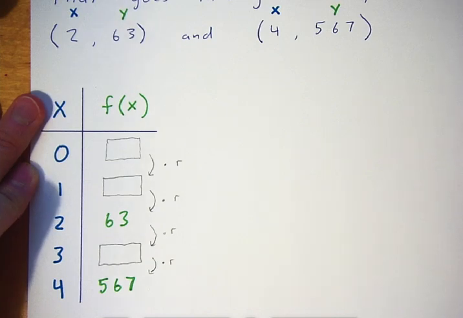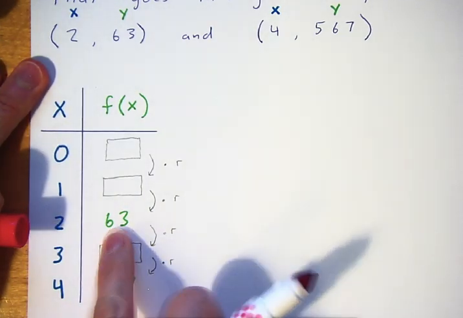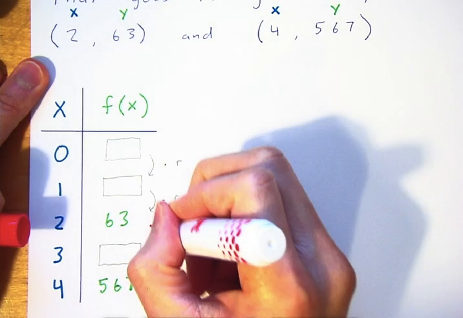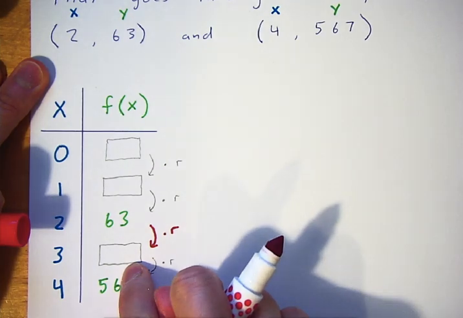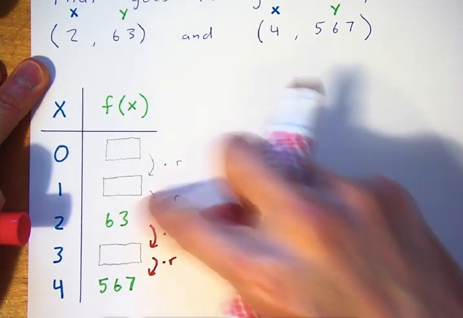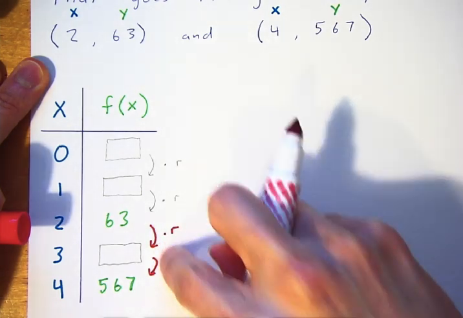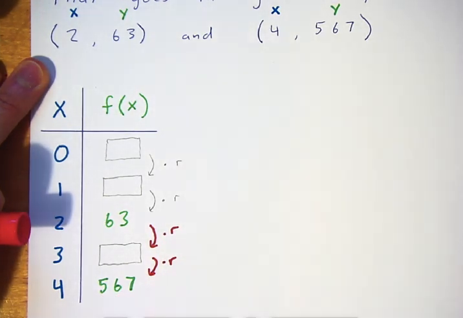If I have 63 and I multiply times r and then multiply times r again, I would get 567.